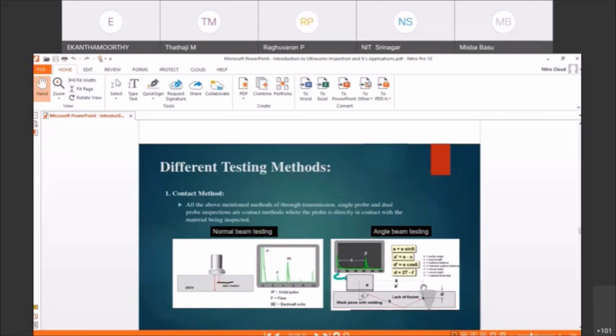Suppose in the weld, on the top we cannot do the inspection since it's an uneven surface and the wave will not propagate. So we will use angle beam inspection. We take advantage of angle beam inspection in order to inspect weld joints. Weld ultrasonic angle beam inspection is basically trigonometry. Ultrasonic itself is trigonometric.